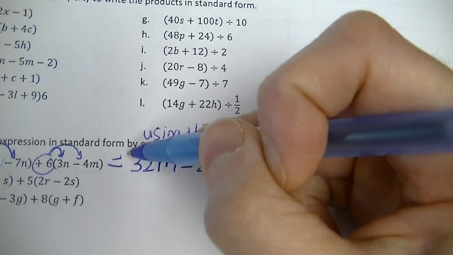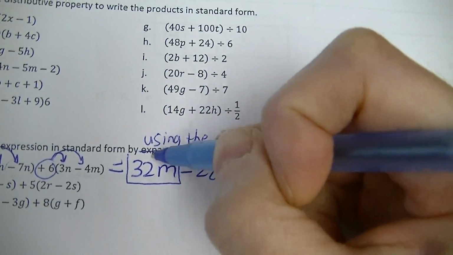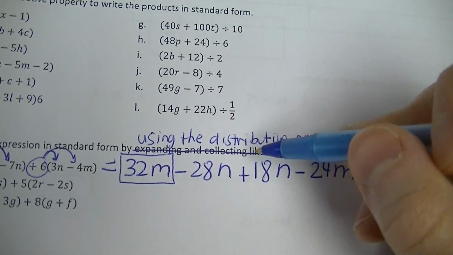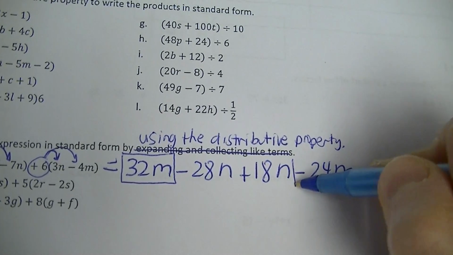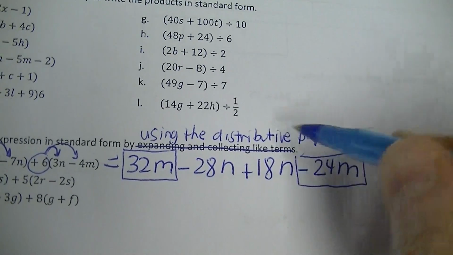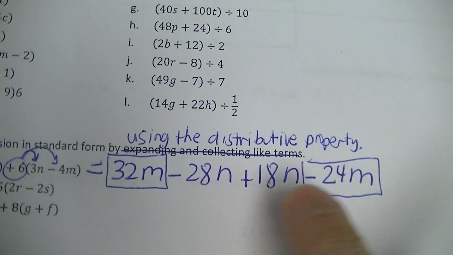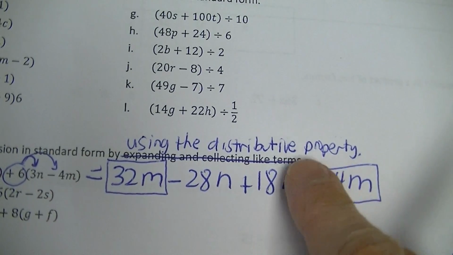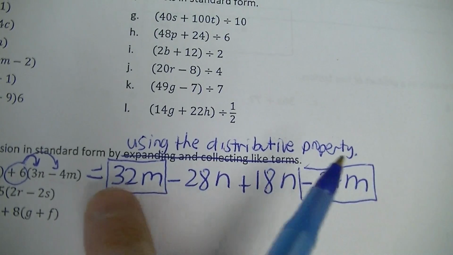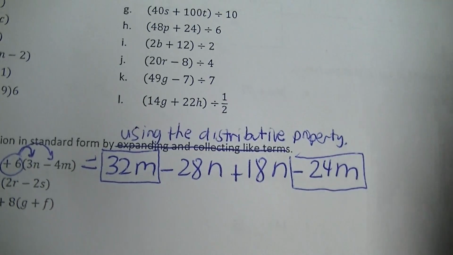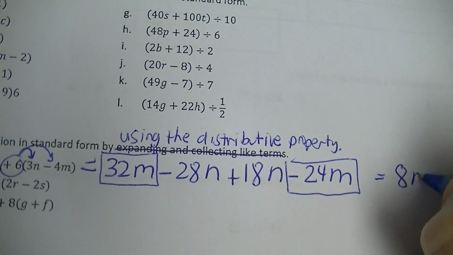So one thing that I would recommend is just draw shapes around the like terms so that it's more clear what you should combine. Like terms have, you know, the exact same ending. So 32m, and also include the symbol directly in front of it if there is one. So 32m minus 24m, that's going to give me 8m.